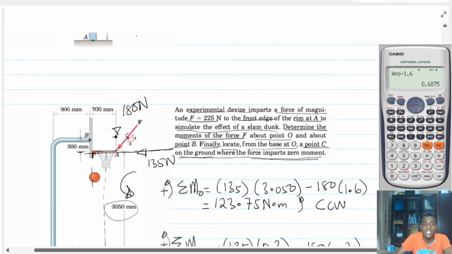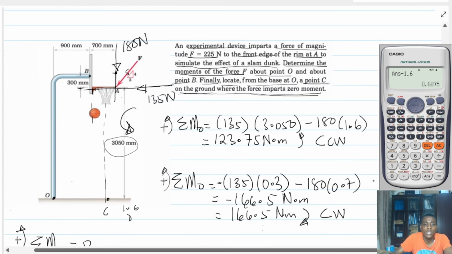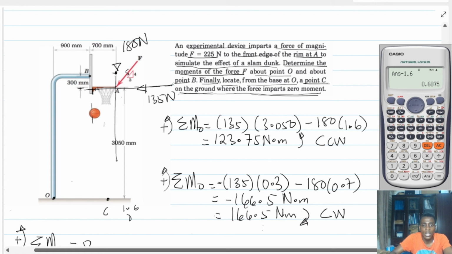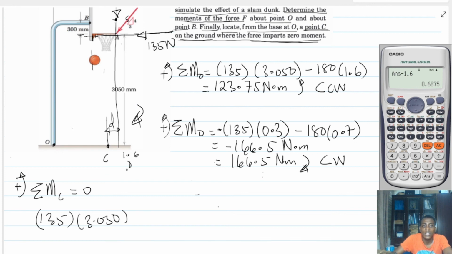But looking at the 180 Newton force, it is coming vertically downwards. All right, so let's look at the line of action of that force. Considering the 180 Newton force is coming this way, we need a perpendicular distance from C to meet this, and that is what we are calling D. Let's say a point D, a point C, and the distance is D. Sorry, clockwise.